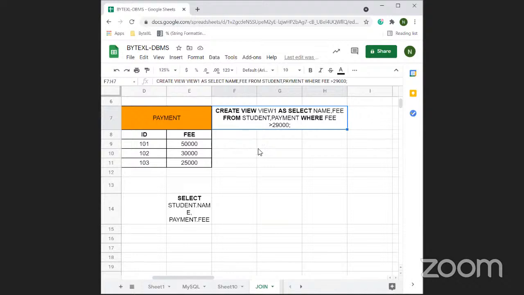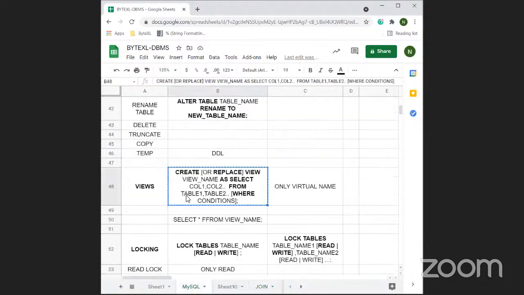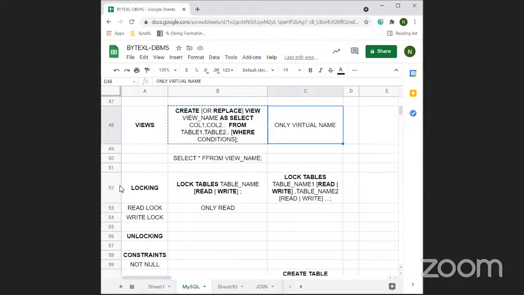In future, whenever I ask view 1, I can get one column from one table and another column from another table. These are views. They are also important again.